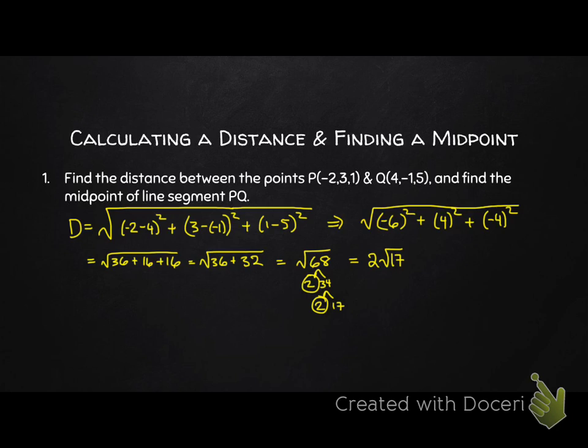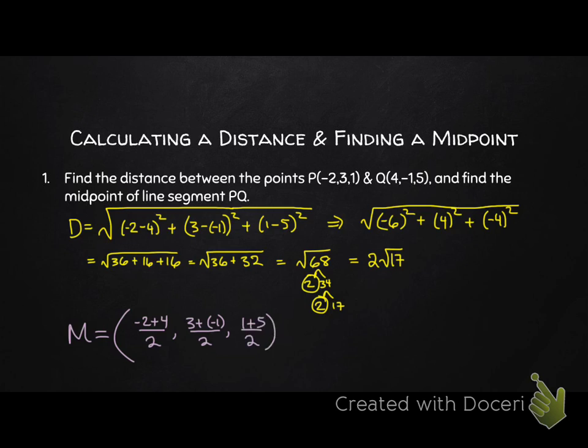The midpoint is going to be equal to my x's added together divided by 2, my y's added together divided by 2, and my z's added together divided by 2, right? So (-2 plus 4) divided by 2, comma, (3 plus -1) divided by 2, comma, and then the z part, (1 plus 5) divided by 2.